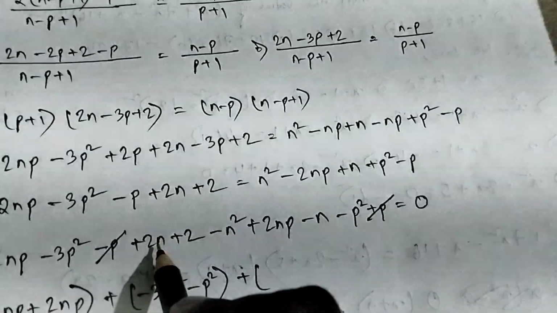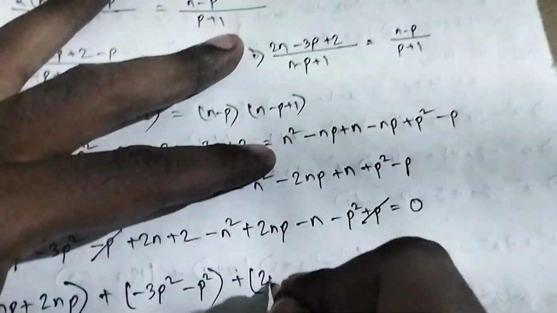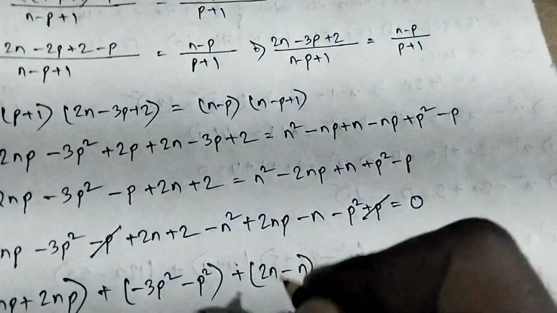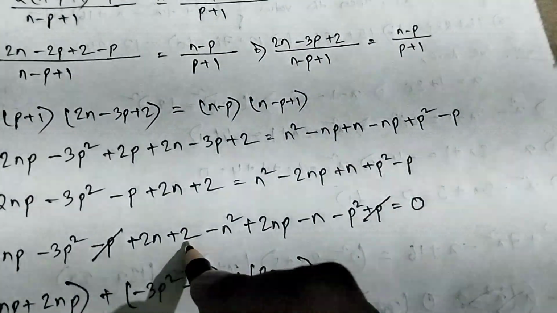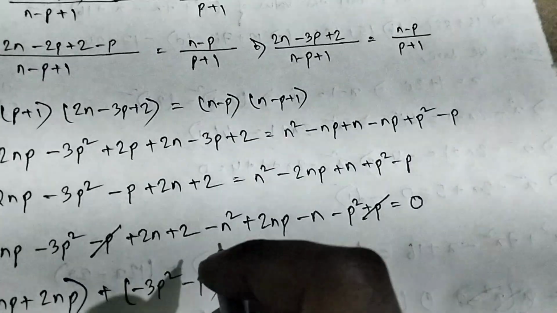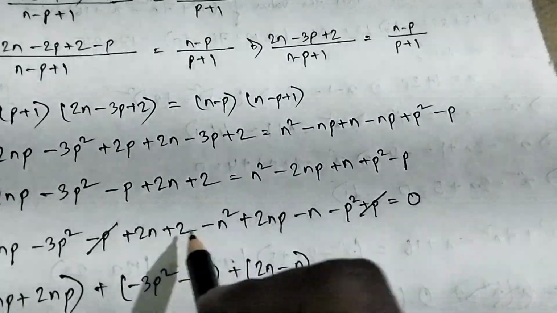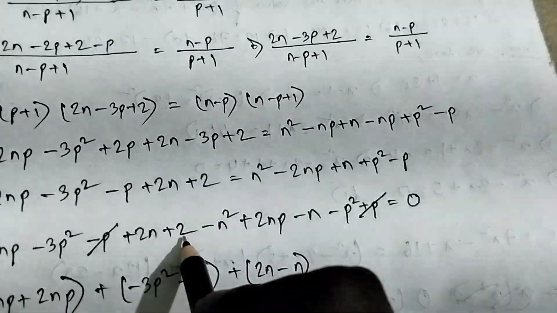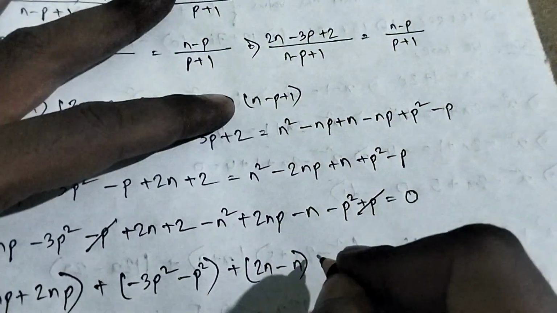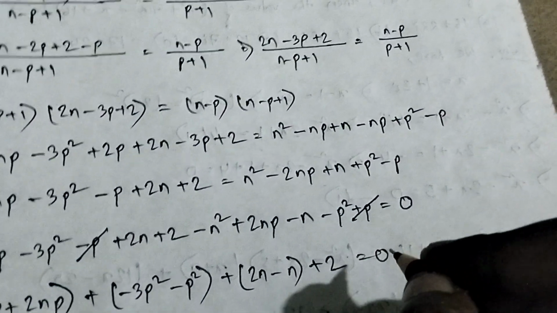Then 2n plus 2n minus n, okay, then plus 2 is there, plus 2 is equal to 0.